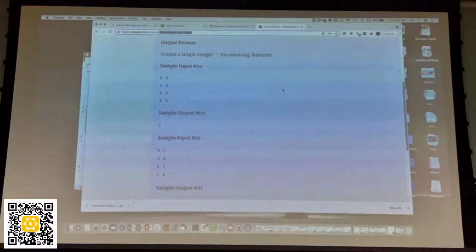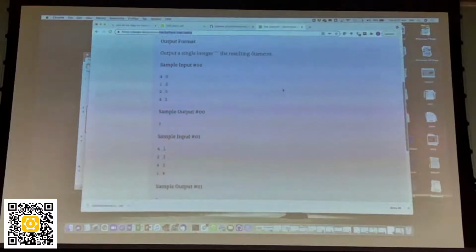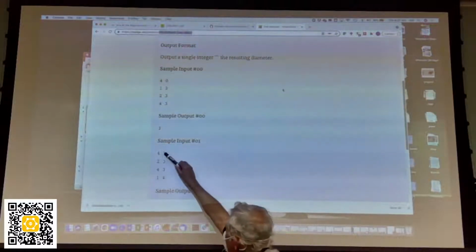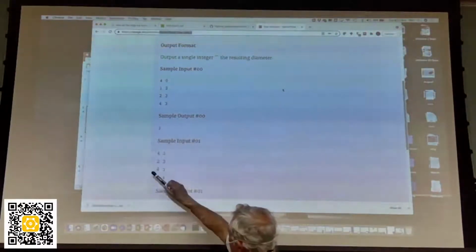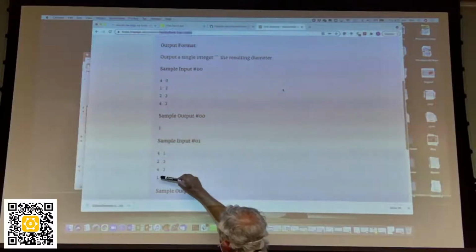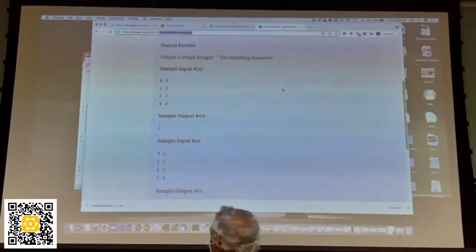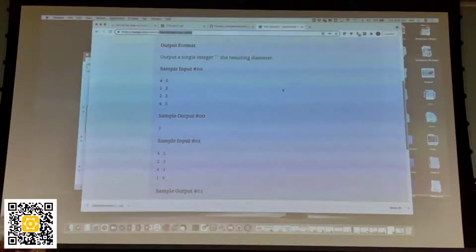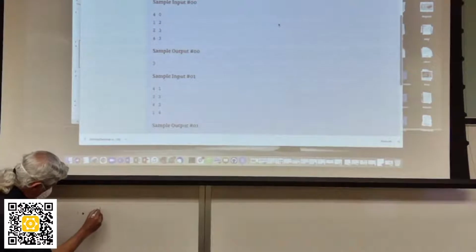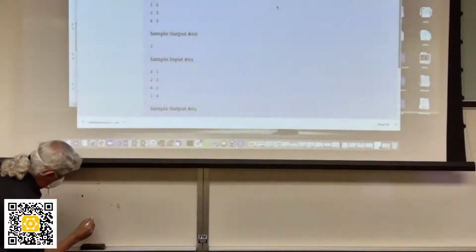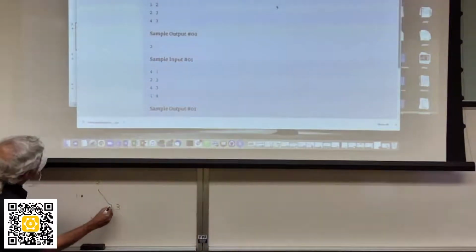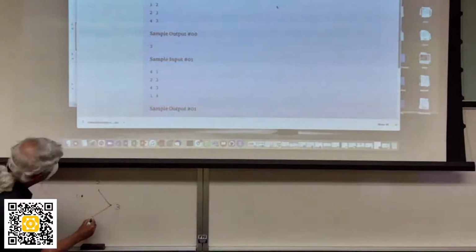But in general, it could become a little more interesting, like in this case, where you're asked to delete 1 vertex out of 4, and you're told that the tree looks like 2, 3, 4, 3, and 1, 4. So what does that look like? You've got 1, 2, 3, and 4. So we've got 2, 3. We've got 3, 4.